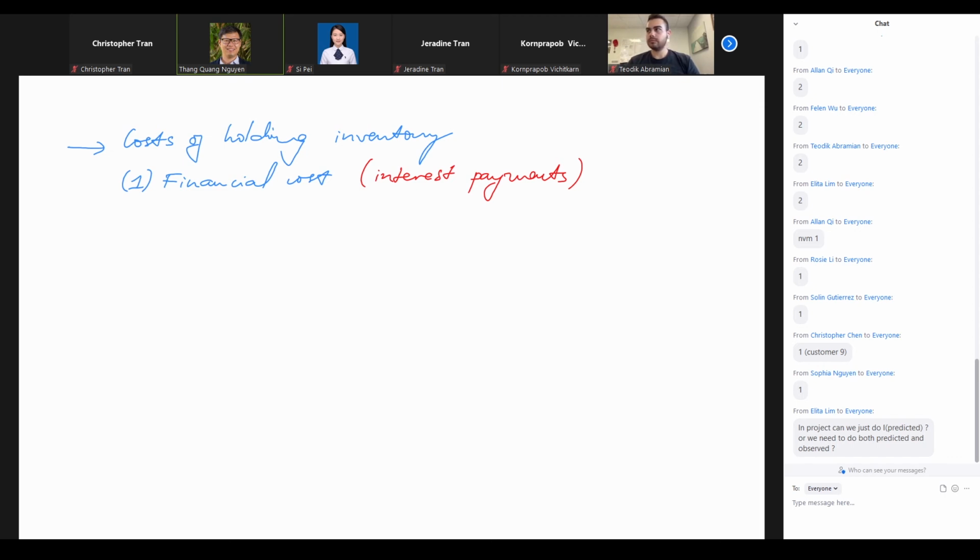They announced that they will close all the stores. Possibly they did not turn over their goods fast enough, right? The cost piles up, the interest payment piles up, the revenue does not come in enough for them to stay afloat. So they will close all the stores. Okay, so that's the first cost of holding on to the inventory.